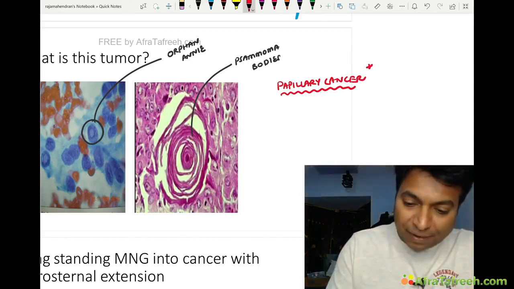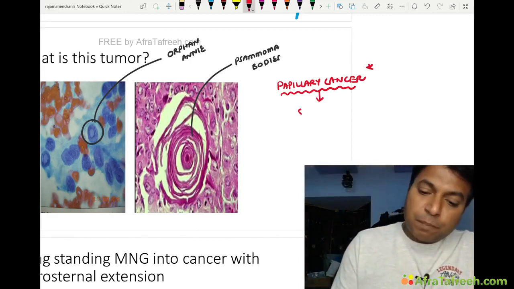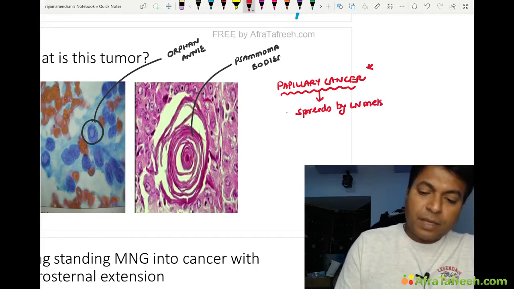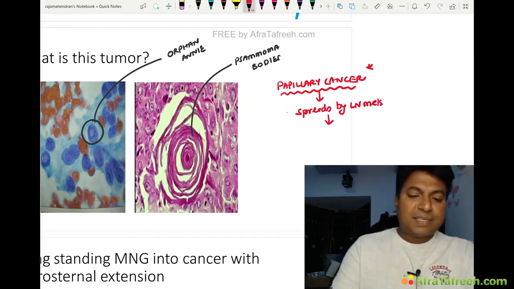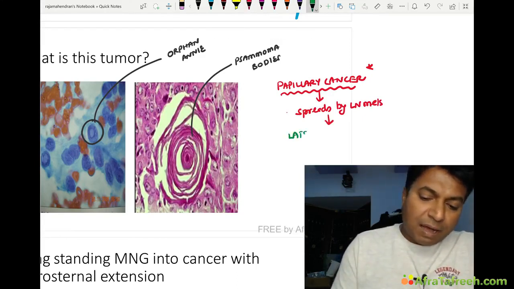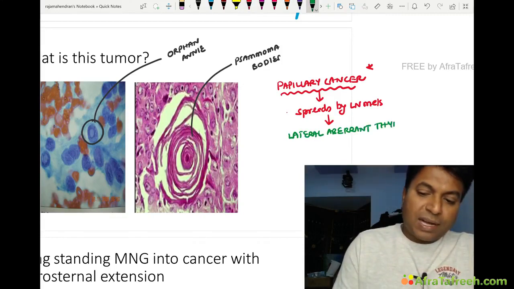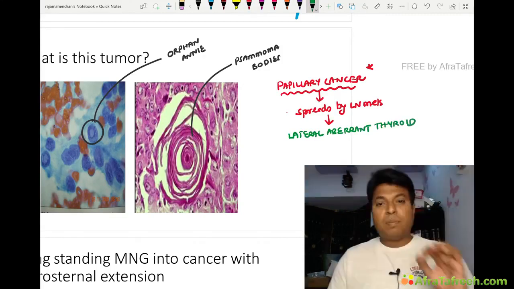So papillary cancer spreads by lymph node mets, and one such lymph node mets is known as lateral aberrant thyroid. So please don't forget, lateral aberrant thyroid is a misnomer.